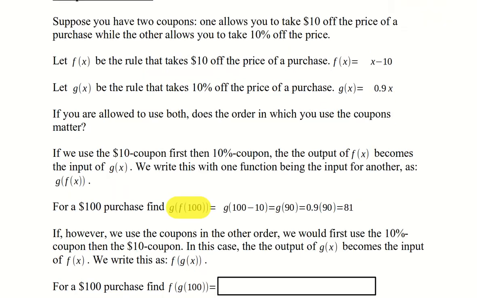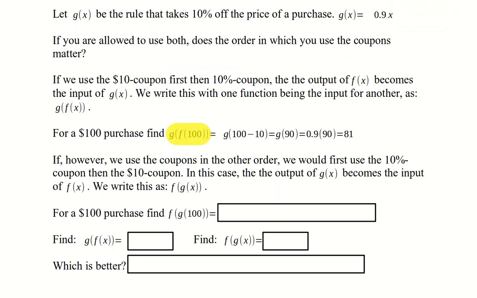So then the question becomes, what if we did this in the other order? What if we used the 10% off coupon first and then the $10 off coupon? So now we are doing g first, and we're putting g inside of f. And that's exactly what this looks like. I mean, you can say inside because one function is inside the other.